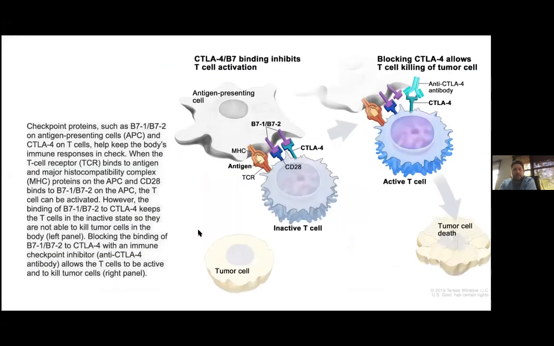Here, for instance, the CTLA-4, right? You've got your checkpoint proteins, which under normal circumstances, where you have both receptors active, the T cell is inactivated. But if this CTLA-4 is blocked, this activates the T cell once the antigen is being presented and results in tumor cell death.